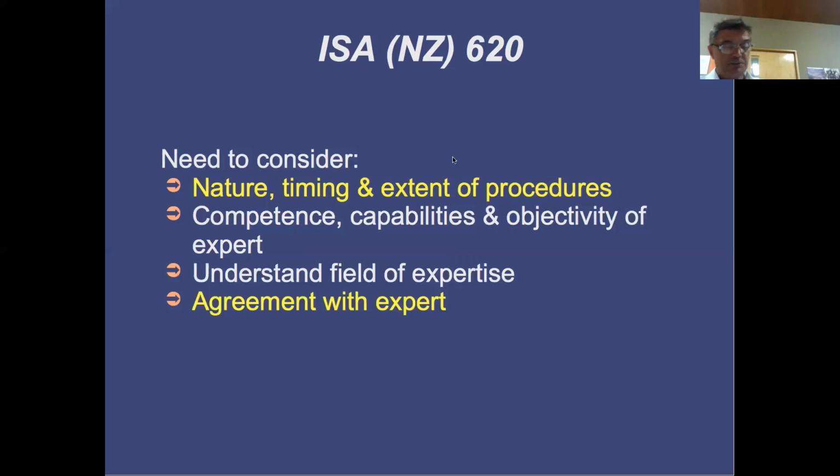But there has to be some kind of agreement. We can hardly have an agreement with management's expert because management has chosen them. And again, we have to look at the adequacy of our expert's work. Well, why am I employing an expert? We will see.